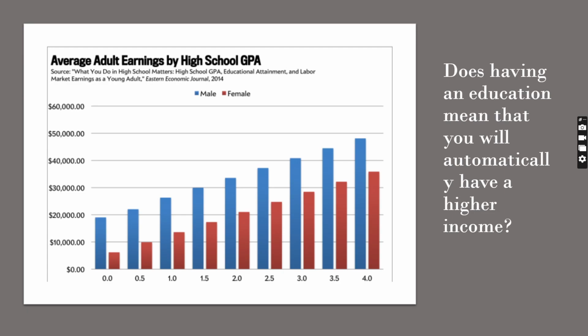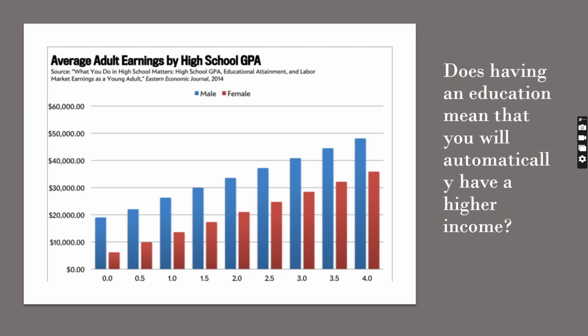And then, of course, here, does having an education mean that you will automatically have higher income? Not necessarily, and especially if you're a woman, there's still a wage gap differential.